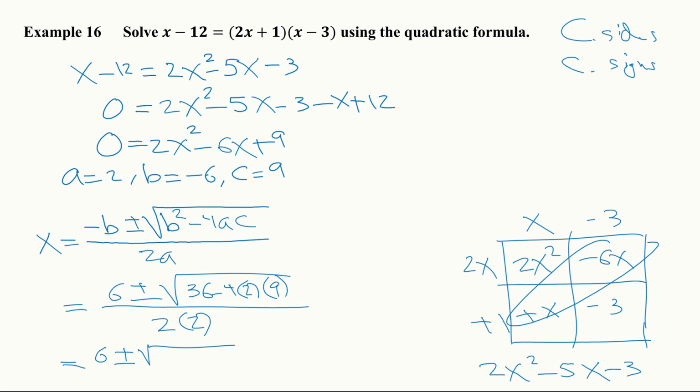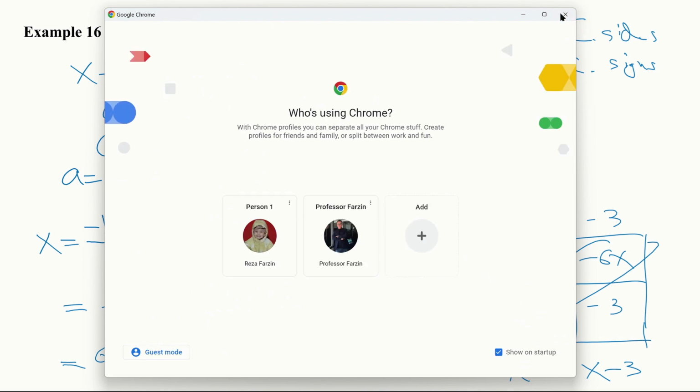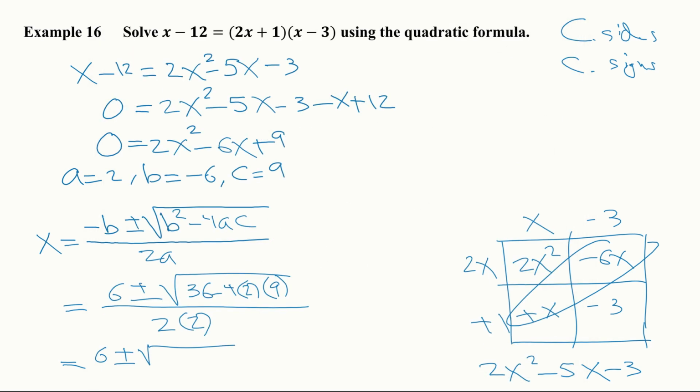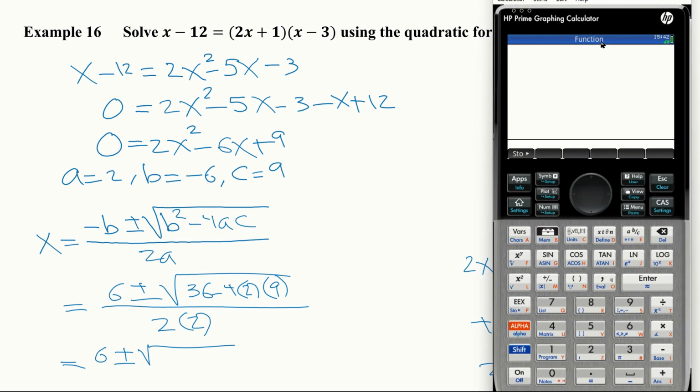and just go ahead and use my calculator. Even though you can do that by hand, it's better to do it and be safe, and also because we need to save some time here. So here, otherwise it's 72. 36 minus 72 is negative 36, right?